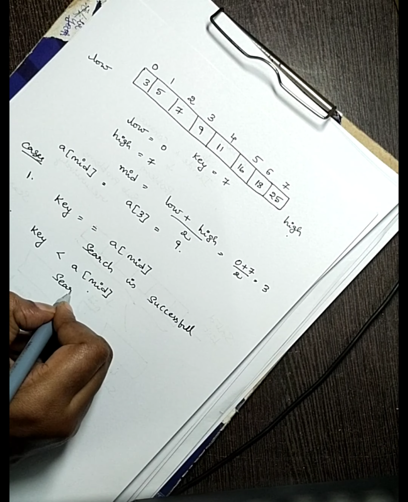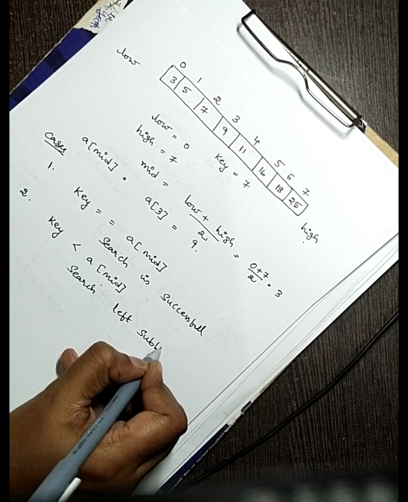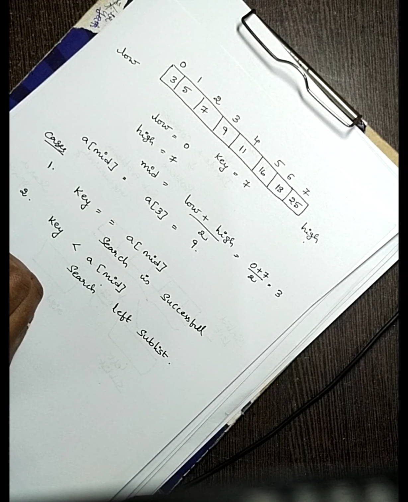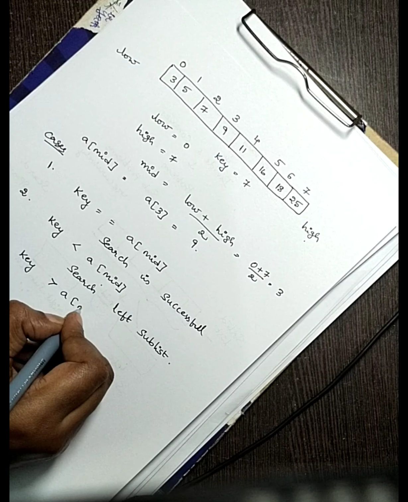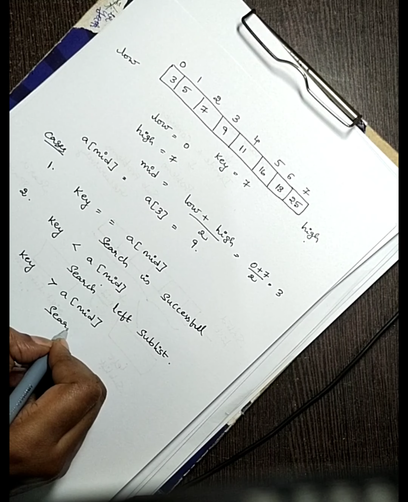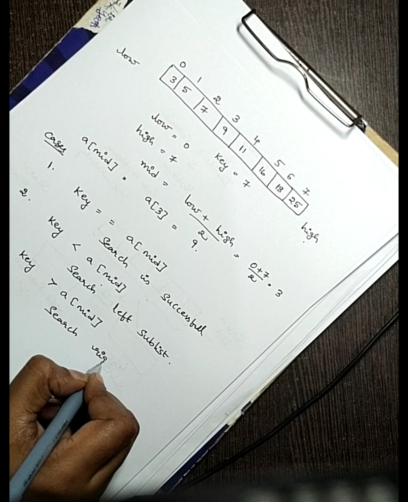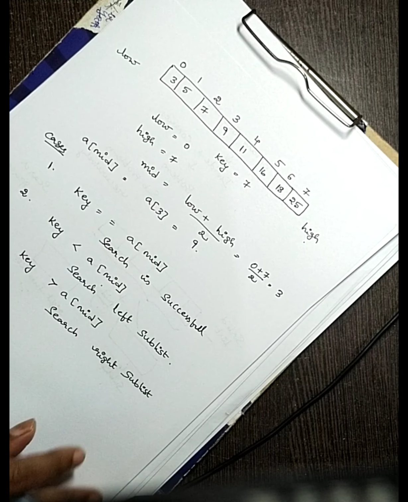That means the search key will be found in the left sublist. And the third case is key is greater than A of mid. When key is greater than A of mid, we will search the right sublist. That means the search key will be found in the right sublist.